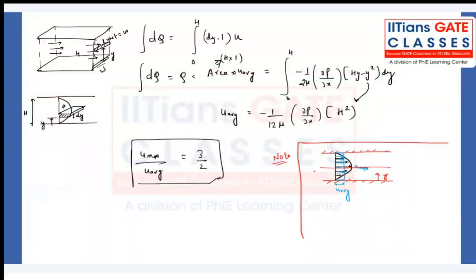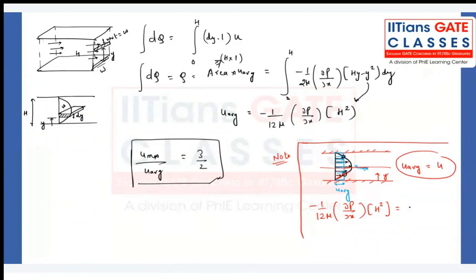So how to get the value? You know the U average formula: 1 upon 12 mu dou p by dou x into capital H square. We need to find exactly where they are cutting, so U average equal to U. The average velocity profile is cutting here, they are intersecting here, so that is what we have to calculate.